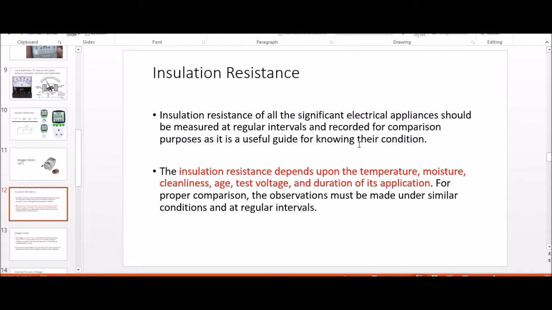So insulation resistance depends upon the temperature of your surroundings, where your equipment is being used, moisture, cleanliness of your equipment, and age, meaning how long it has been in use.